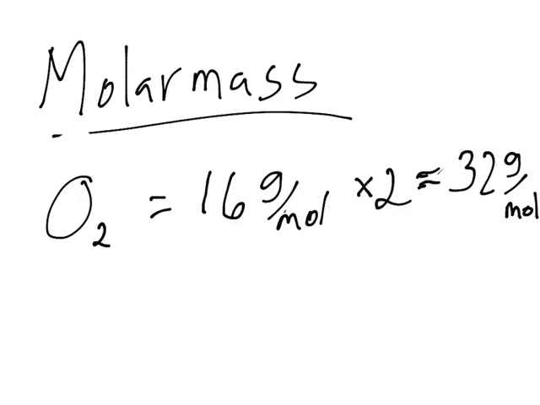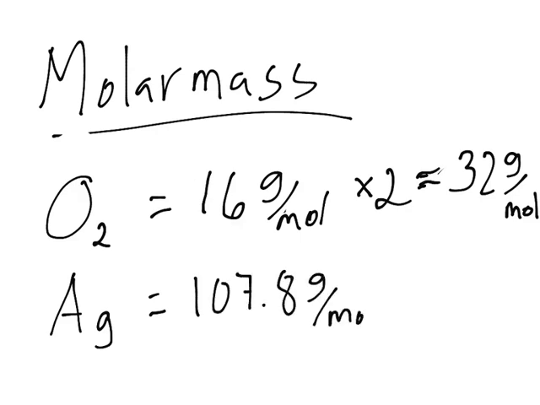Now, if you had something like silver, which is a metal and has no diatomic form, the molar mass of silver would simply be its mass in the periodic table. So it would be 107.8 grams per mole. And because there's 1, you multiply that by 1, and it would be the same, 107.8 grams per mole.